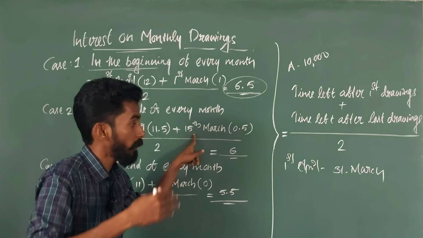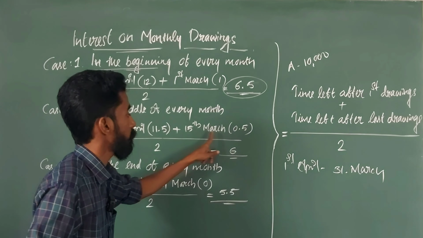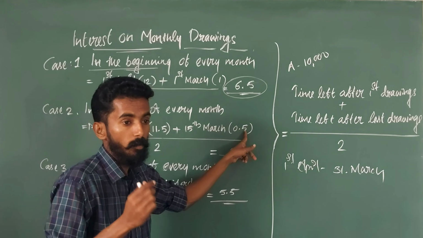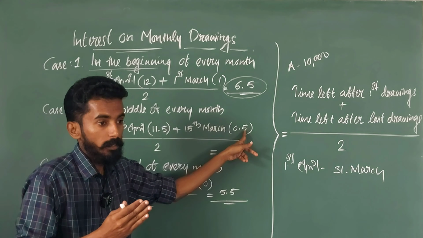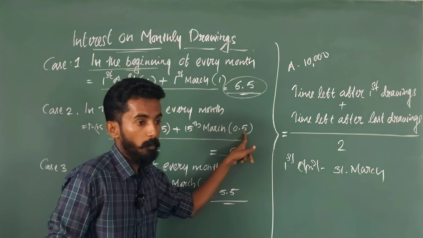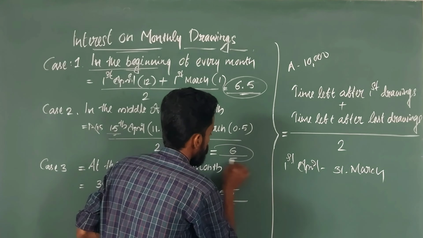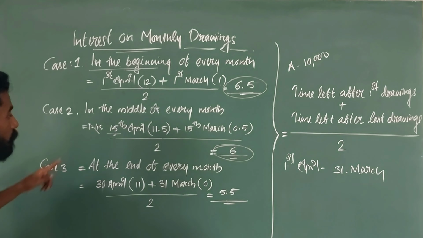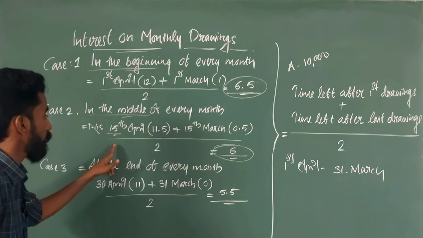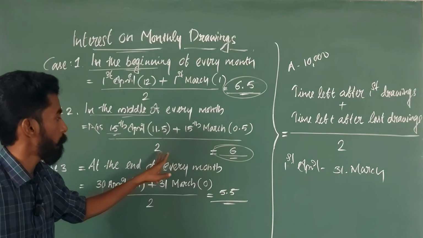In the middle, 15th March was the last withdrawal. How many months? 0.5 months. So 11.5 plus 0.5, 12 by 2, 6. 6 is the average period in the middle of every month. Clear? 15th April was the first withdrawal, 15th March was the last withdrawal, by 2.